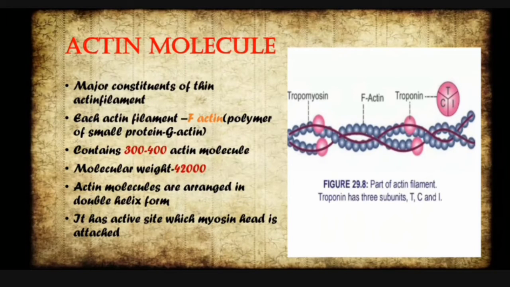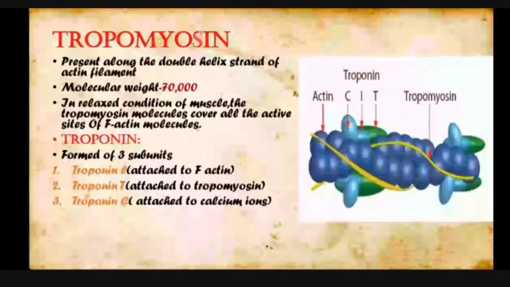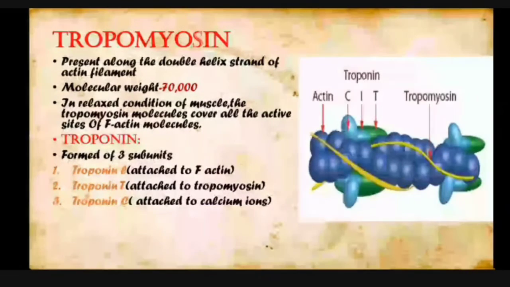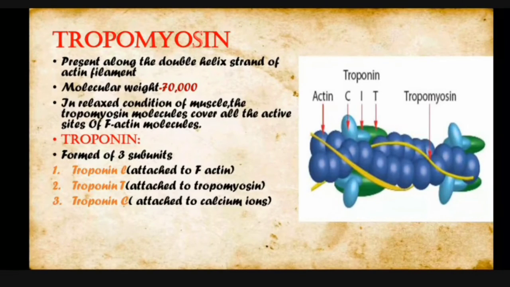It has an active site to which the myosin head is attached. Tropomyosin is present along the double helix strand of the actin filament and its molecular weight is 70,000. In the relaxed condition of muscle, the tropomyosin molecules cover all the active sites of F-actin molecules.